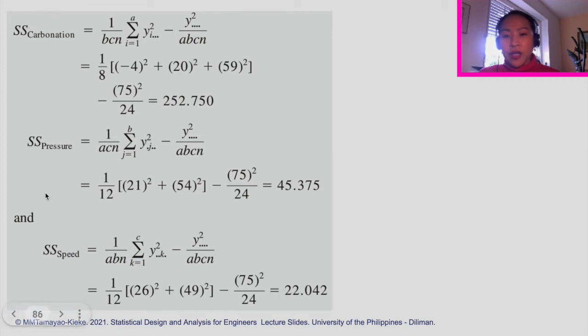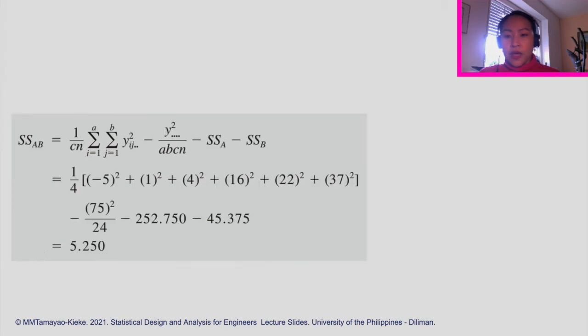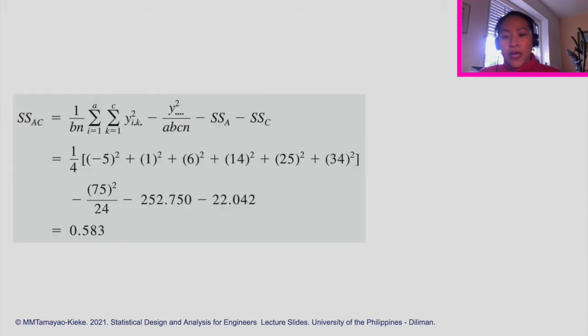And then we can just apply the formulas or equations that we have for the sum of squares for each factor and the interactions to get the corresponding sums of squares, as shown here. So this one is the sum of squares for the AB interaction. For the AC interaction, please feel free to pause the video and compute these values on your own.